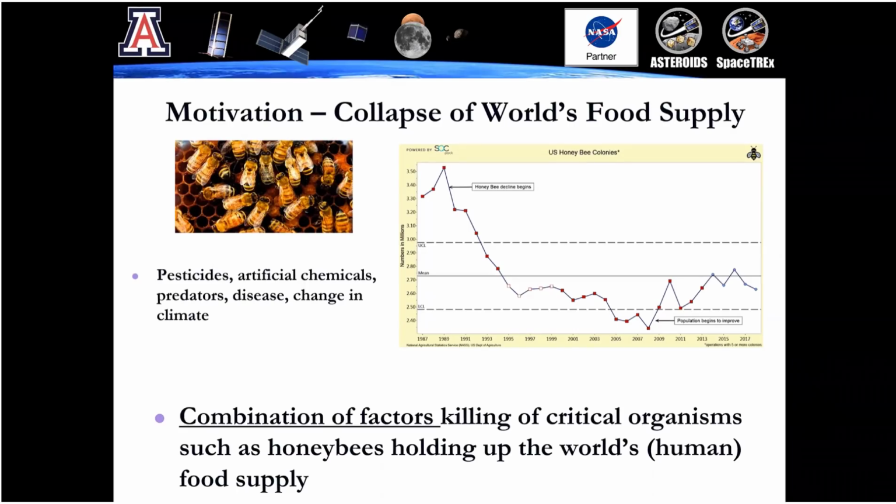Furthermore, there's been threat of collapse to the world's food supply, particularly due to a combination of factors killing critical organisms such as honeybees, which are holding up the world's human food supply.